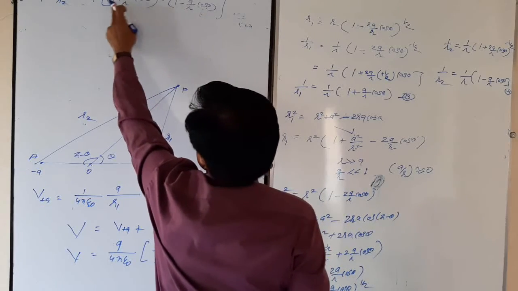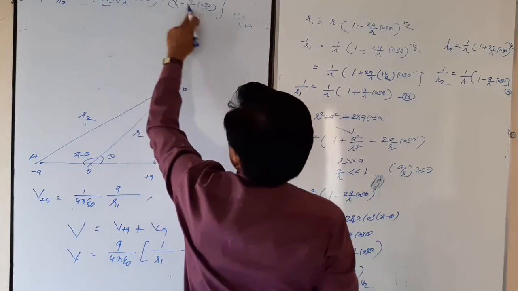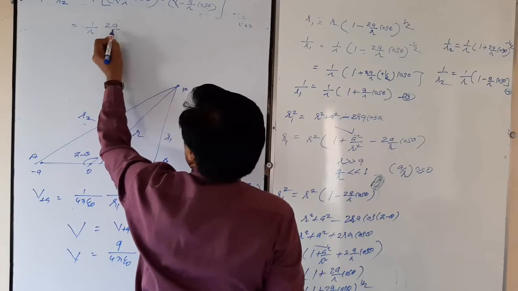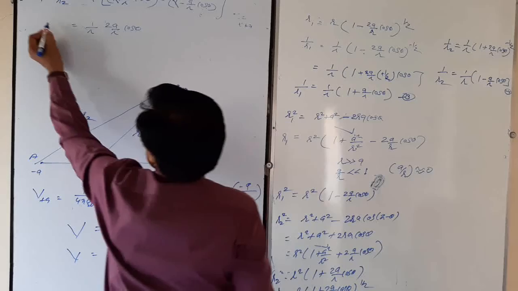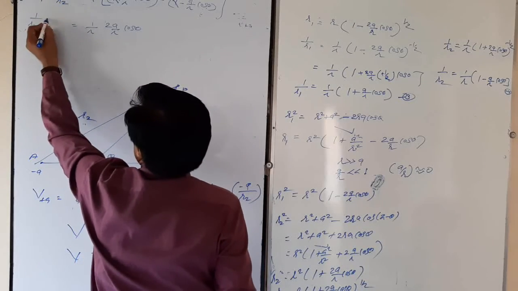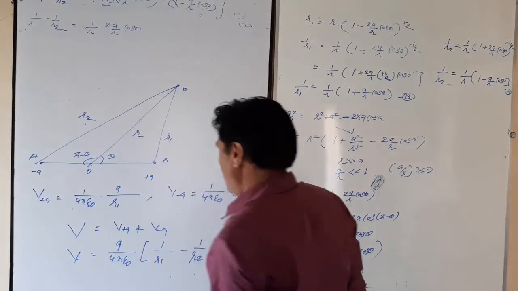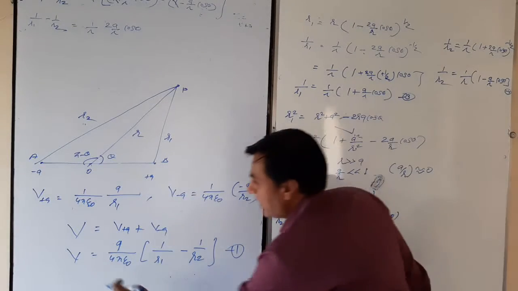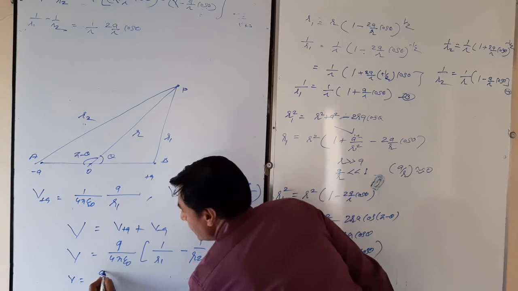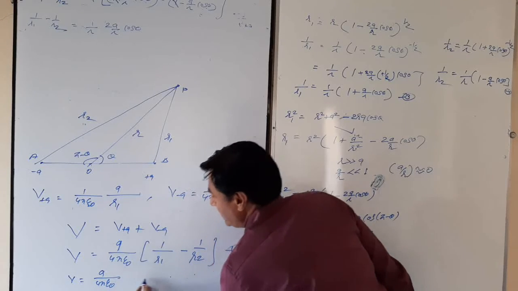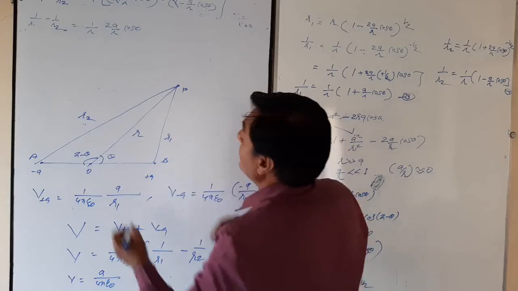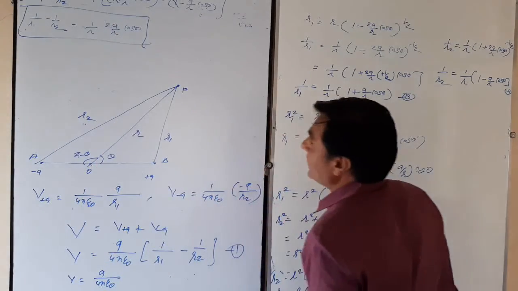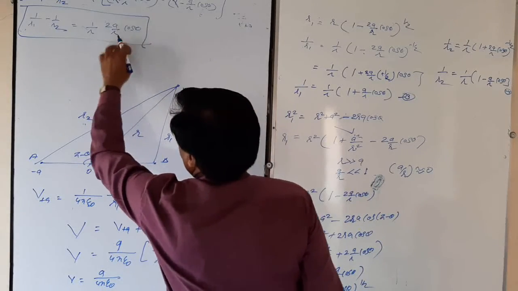The 1 and minus 1 cancel, giving double a by r cos theta, which is the value of 1 by r1 minus 1 by r2. Now you can substitute in the first equation, V equals q upon 4 pi epsilon 0 times (1 by r1 minus 1 by r2), which equals 2a cos theta upon r square.